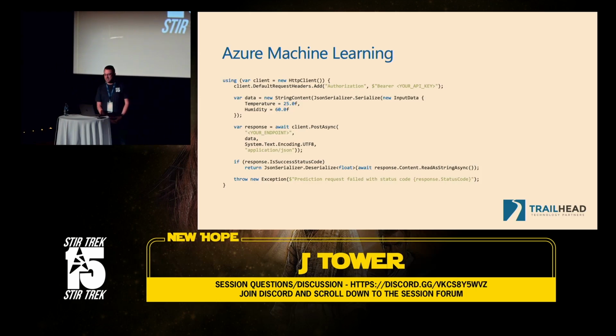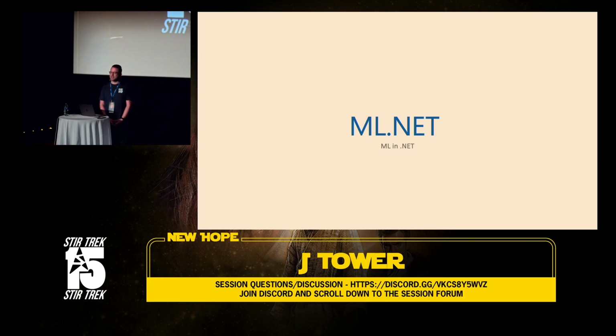But what if you need to do the same thing, but you are going to maybe do it in a mobile app that's not connected to the cloud all the time, and you want to be able to accurately, let's say, detect anomalies in some data that's coming from a Bluetooth device. For example, at Trailhead, we've written an application that does that for children who have chronic illnesses, and their parents have an app where they can monitor their vital signs.